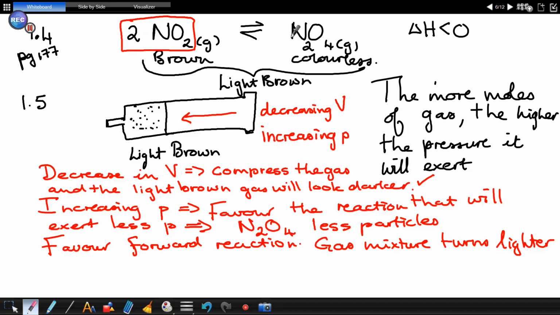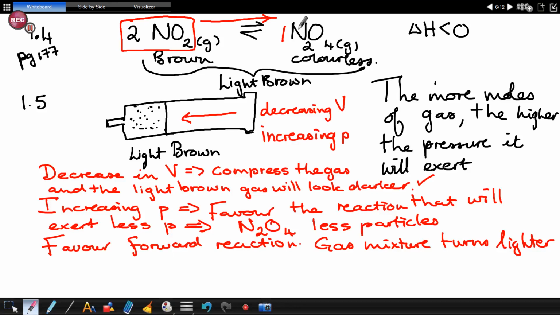If they are under stress, some of them need to leave. So they form dinitrogen tetraoxide. You favor the forward reaction because one molecule will be under less pressure.